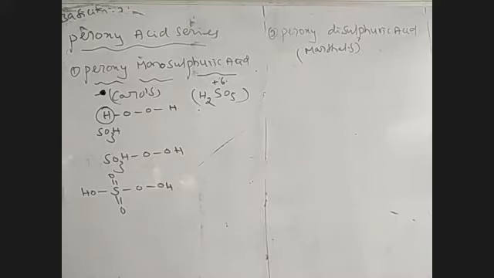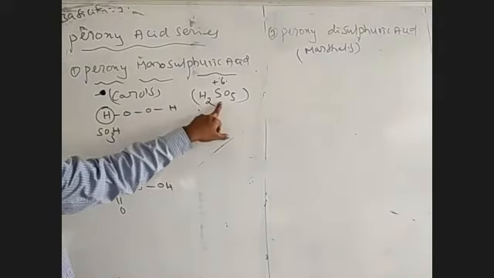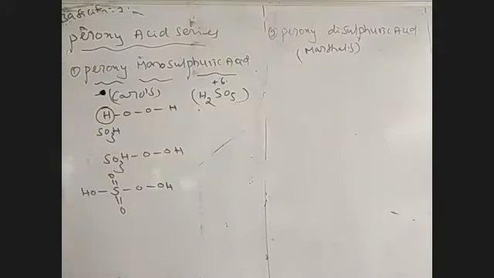If it does, that indicates some peroxy bonds are present in the compound. In that case, the oxidation state of the element is taken as its group number. So in H2SO5, sulfur is a group 16 element, so we consider +6.